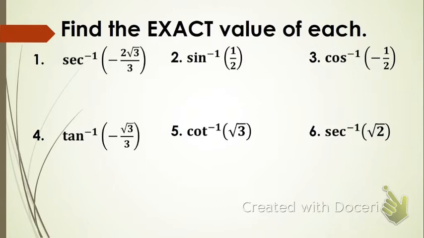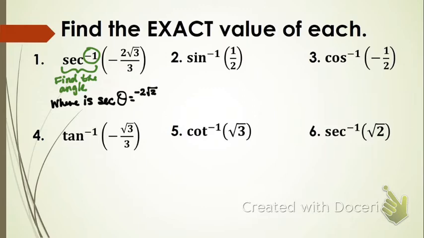What do inverse functions find again? Yes. This is going to find the angle. So I'm thinking to myself, where is secant of some angle equal to negative 2 radical 3 over 3?